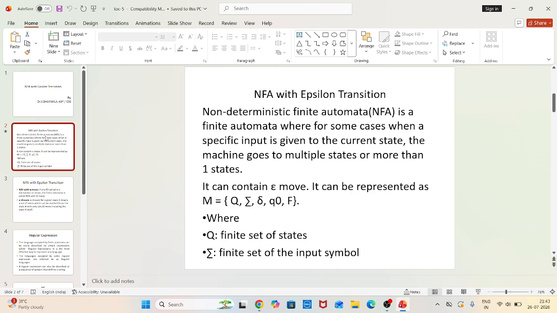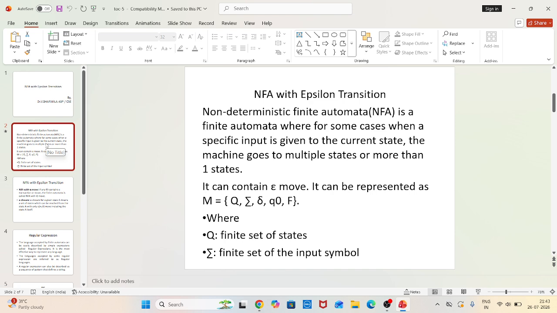The components of NFA with epsilon transition. NFA with epsilon transition consists of 5 components. That is, machine M equal to capital Q, summation, delta, Q naught, F, where Q is a finite set of states, summation is a finite set of input symbols, Q naught is the initial state, F is the final state.